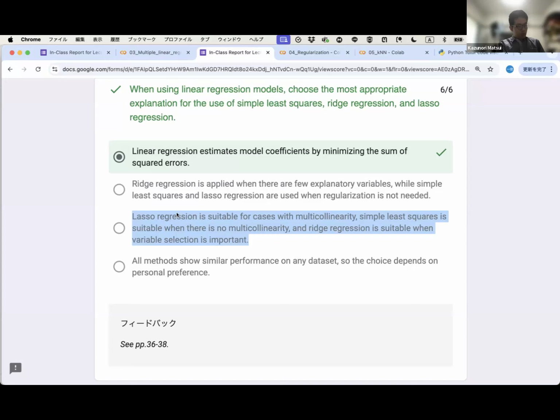Ridge regression is suitable for a case with much collinearity. The choice of method does not depend on personal preference, but on the characteristics of the dataset. So the correct answer is the first option.